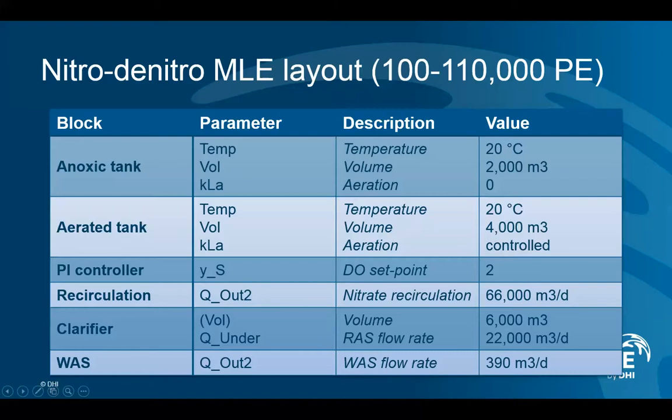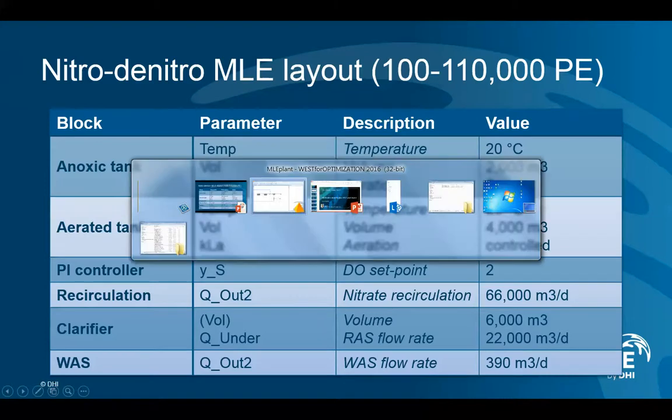I have to set up flow rates for the three pumps, the nitrate recirculation pump, the return activated sludge and waste activated sludge pumps, and the set point for the aeration controller that I'm going to set up in a minute. So this is an overview of the main parameters that I'm going to set in my model.